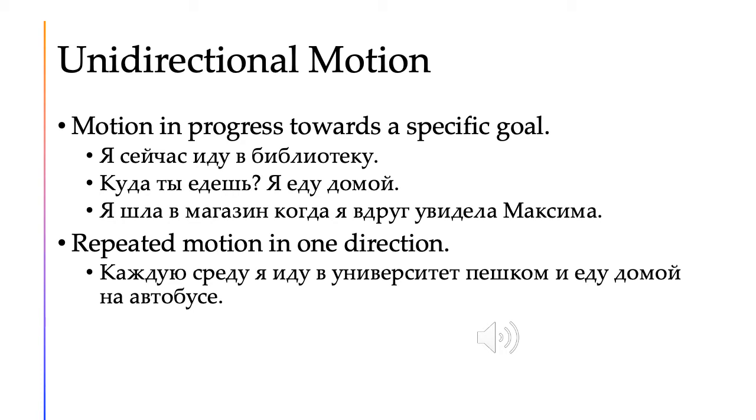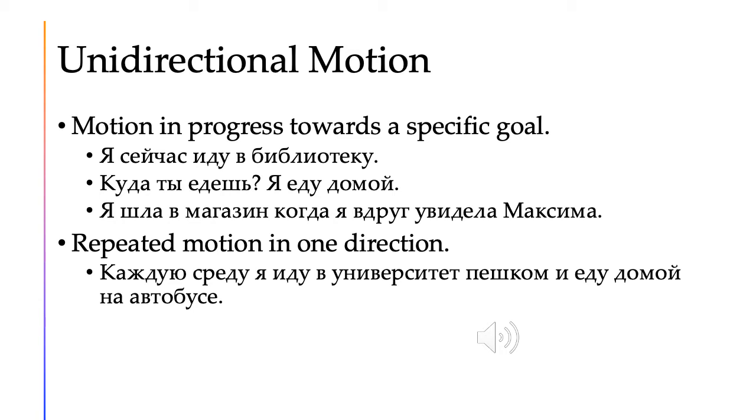You're interested in their specific goal that they're currently in progress towards. And they say, «Я еду домой». I'm going home. Again, they're indicating motion in progress towards a specific goal. They will probably leave their home at some point, but that is not what interests us. What interests us is where they're going right now.